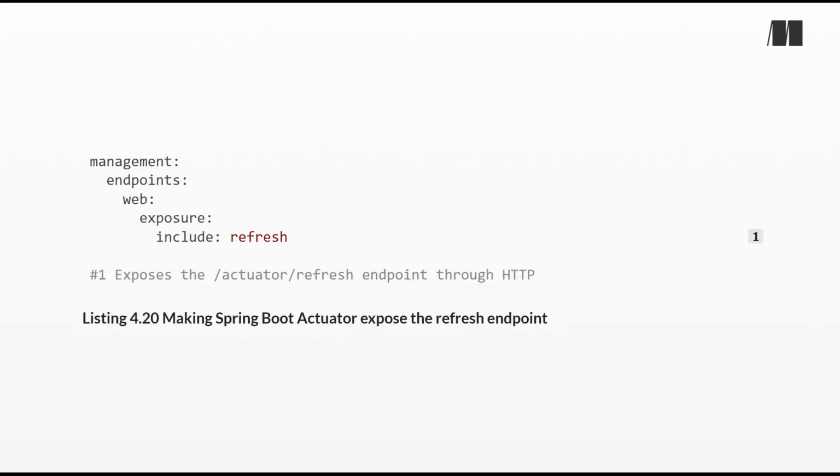The Spring Boot Actuator library configures an /actuator/refresh endpoint that triggers a refresh event. By default, the endpoint is not exposed, so you have to enable it explicitly in the application.yml file of your Catalog Service project. Listing 4.20. Making Spring Boot Actuator expose the refresh endpoint.